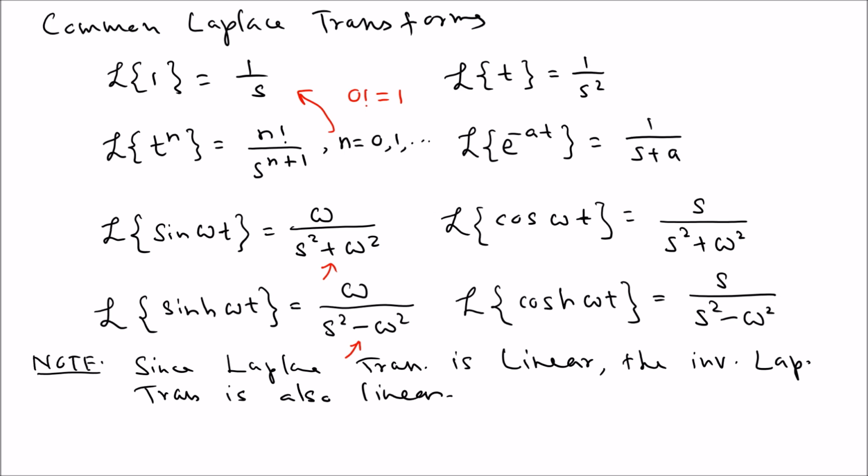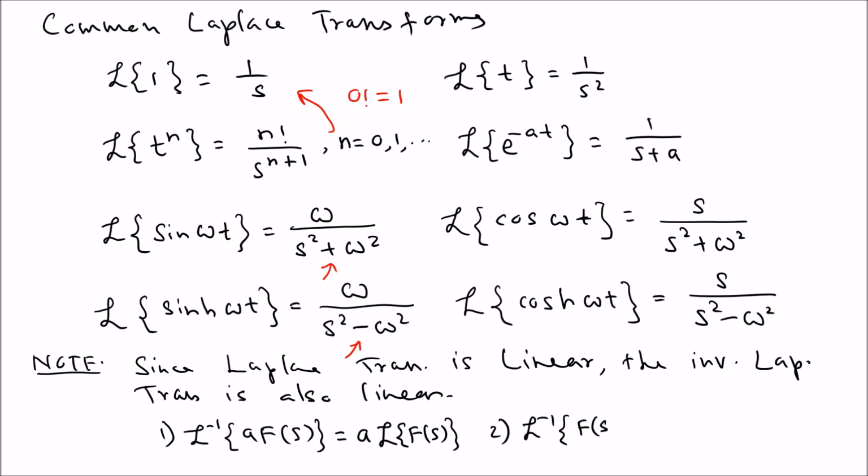So this is useful. For example, we have these two properties. One is the inverse of a constant times F(s). If you have something like that, you can just pull the constant out and take the inverse of F(s). And the second one is if we have a sum of two functions F(s) and G(s), we can split them.